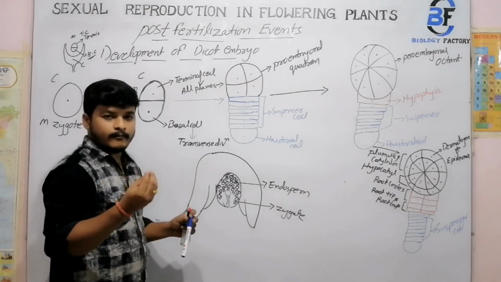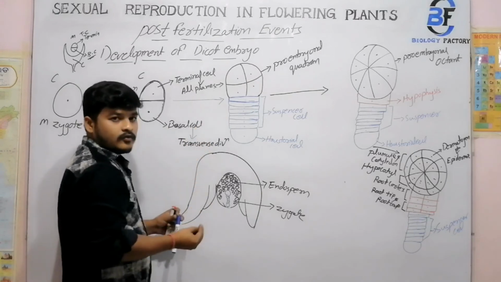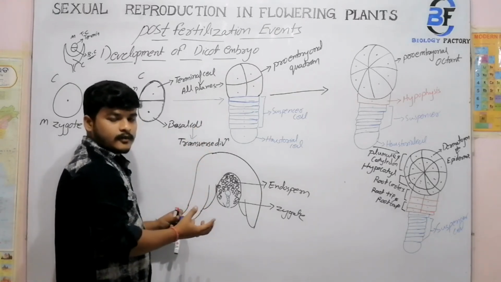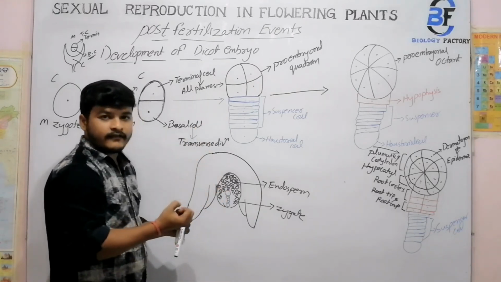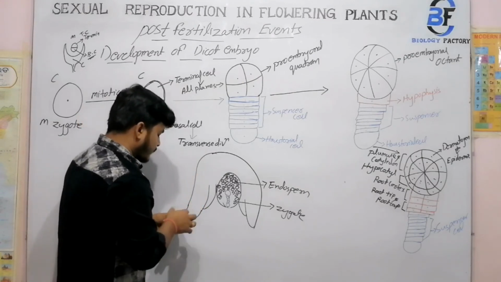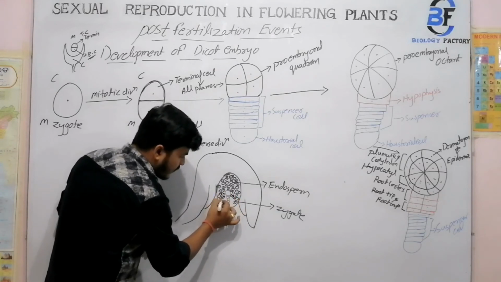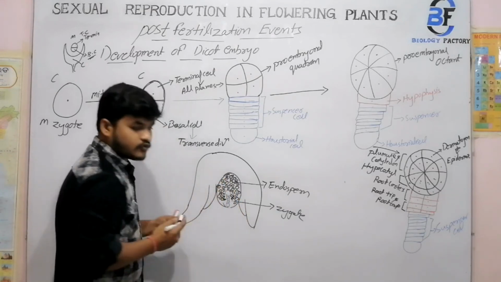By this suspensor cell, it pushes the proembryo deep into the endosperm, and it can receive the nourishment, that means the food material, and grow. So this is the main function. Here is your endosperm, and it pushes the proembryo.